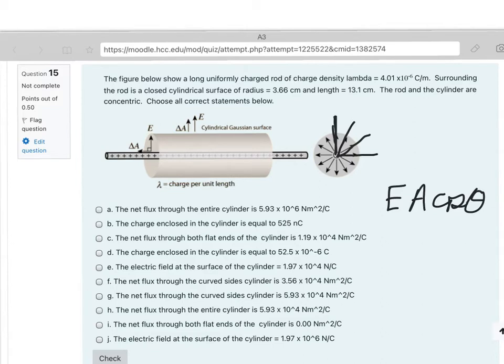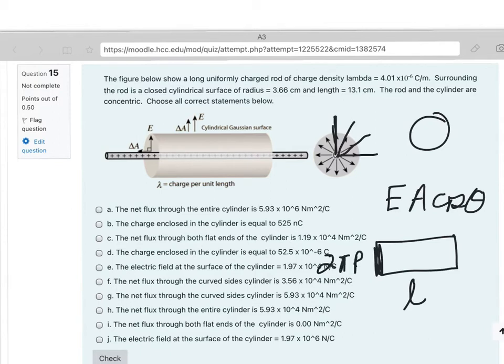And so the area of the can, take your cylinder, cut it, and unroll it, and you'll get a rectangle. And the rectangle has a length of L, and the width of the rectangle, right, the can that you cut and flattened out, is the circumference of the circle, 2 pi r. So that's how you get the area of the can.